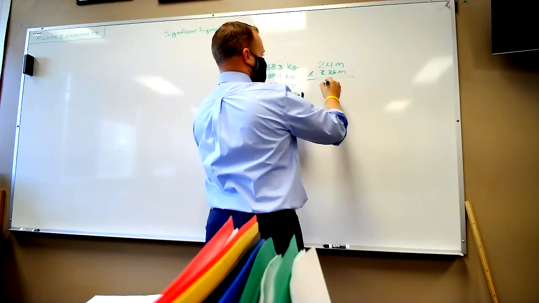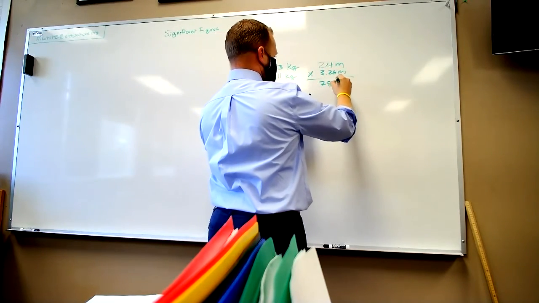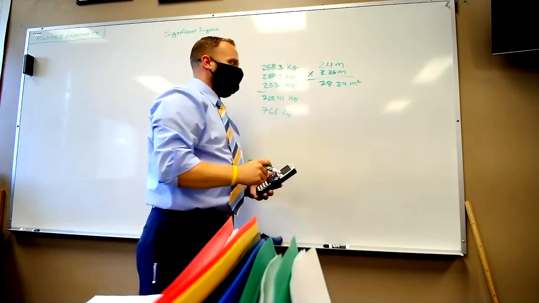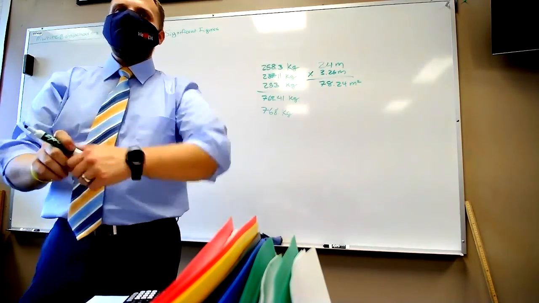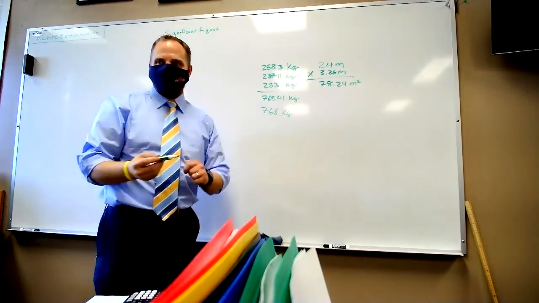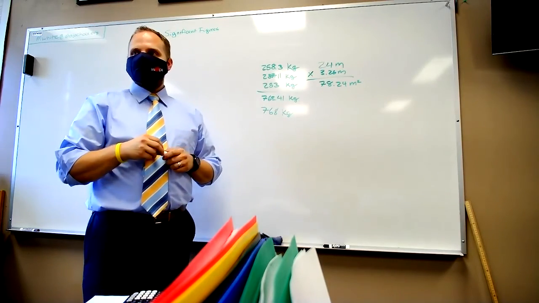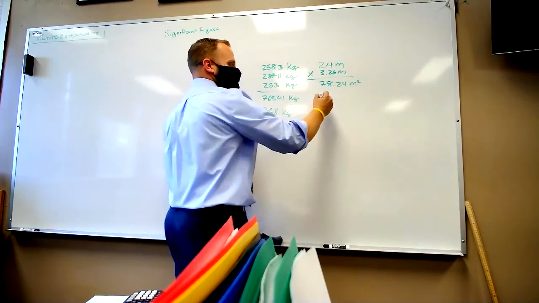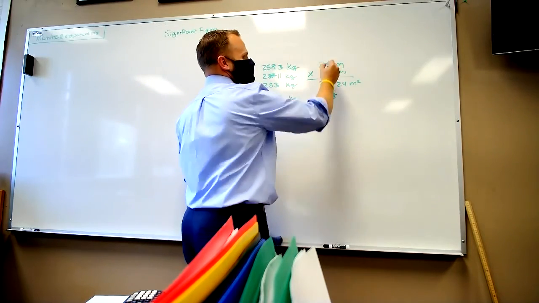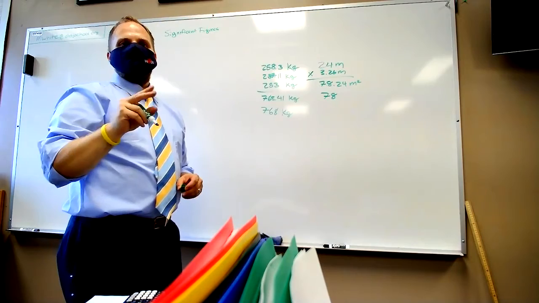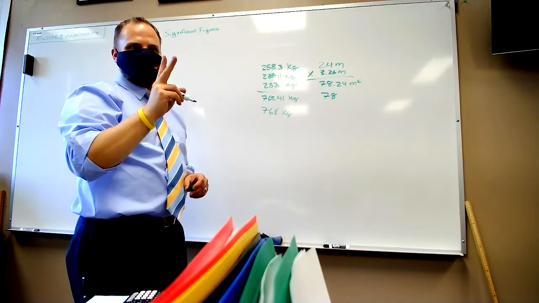That gives us 78.24 square meters. Is that the right number of significant figures? No. Where should we round it? 78, good. That number right there only has 2, so our answer can only have 2.